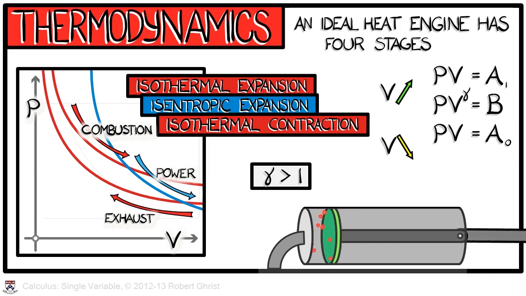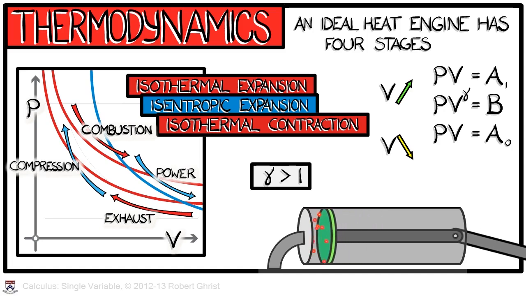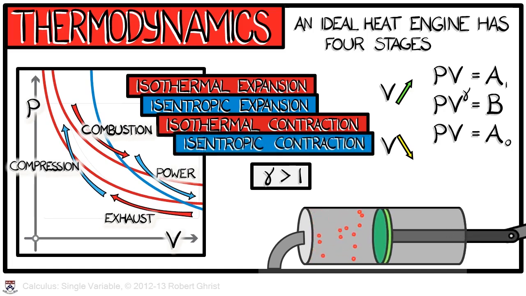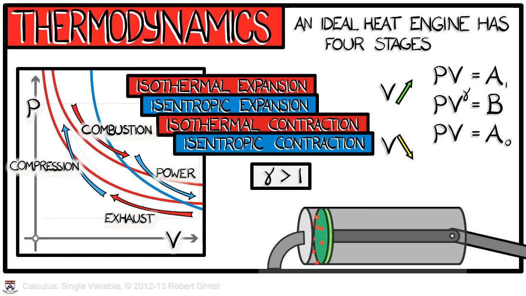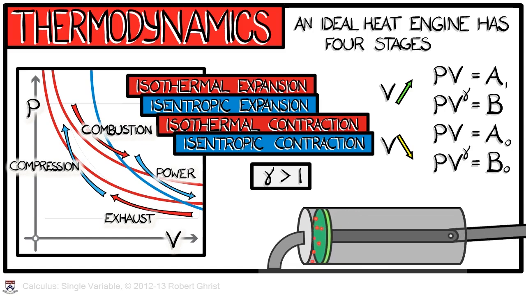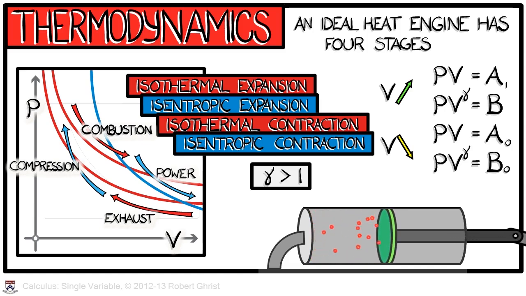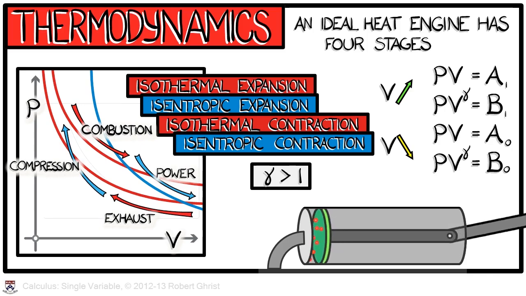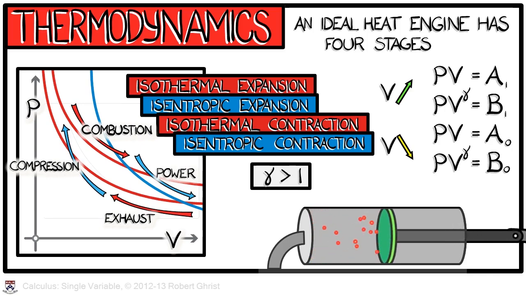Now we're moving to the left along one of these curves. The last stroke is the compression stroke, otherwise known as an isentropic contraction. Volume is decreasing, and you move along the curve P, V to the gamma, equals a constant. We'll call this fourth constant B sub 0, replacing the B in our earlier isentropic expansion with B sub 1.